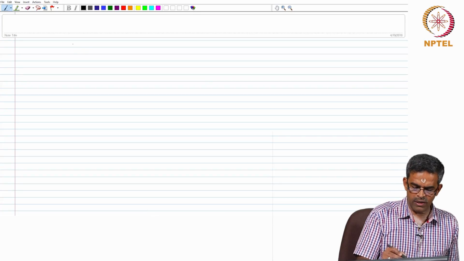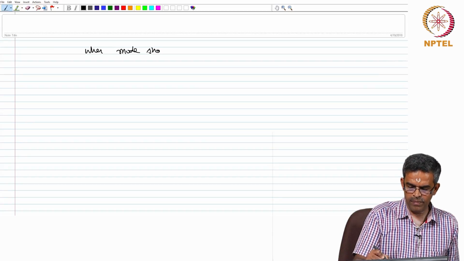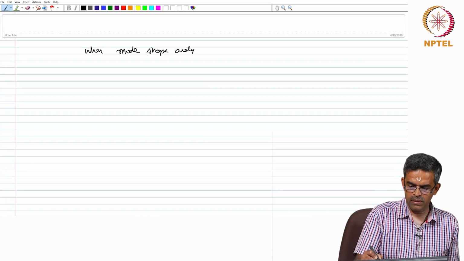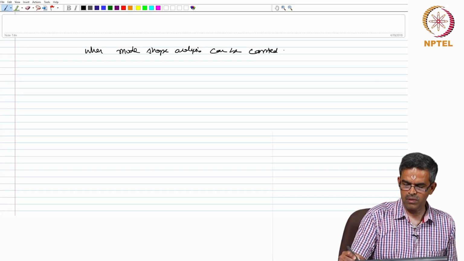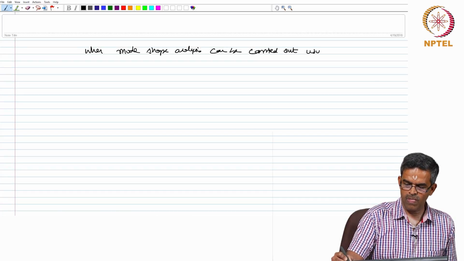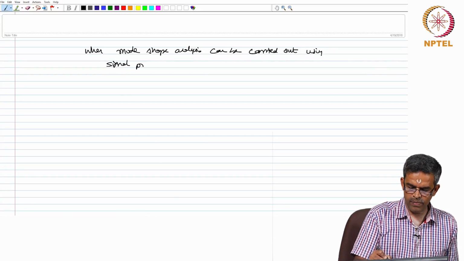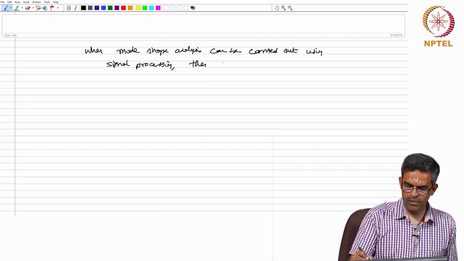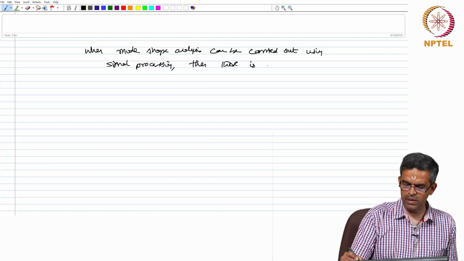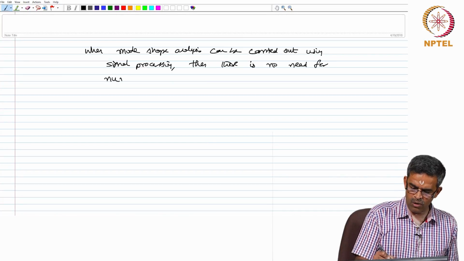Now, in the method which we are currently discussing, when the mode shape analysis can be carried out using signal processing, then there is no need for the numerical model.